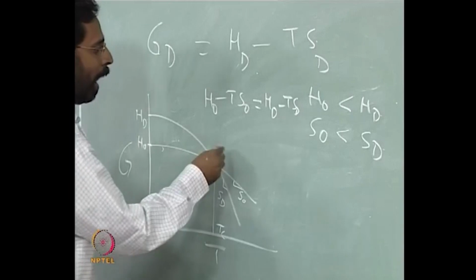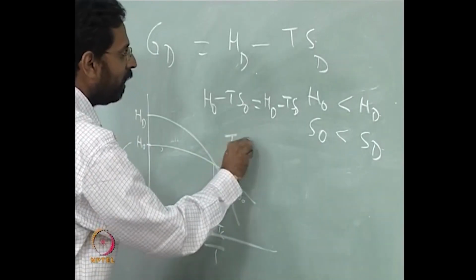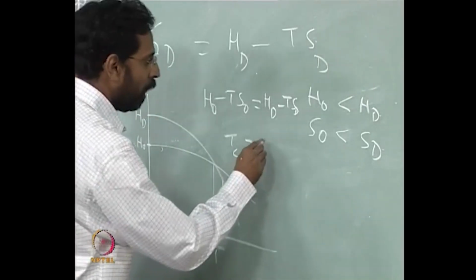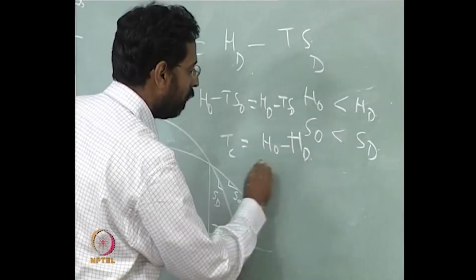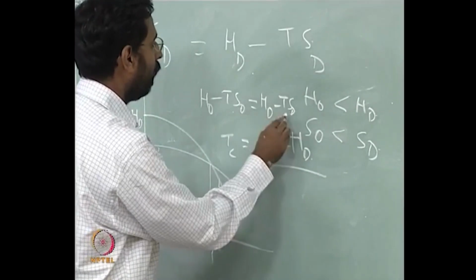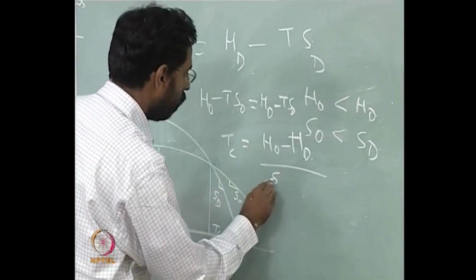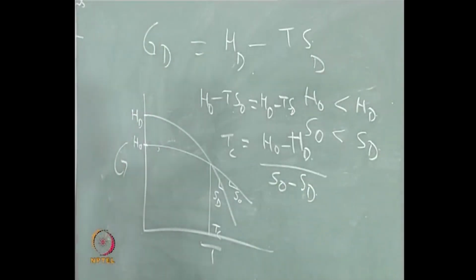So, in principle I can talk about T, which is the Tc, should be equal to H naught minus Hd divided by, if I take it this side it will be S naught, okay. So, S naught minus Sd, right? No, okay.